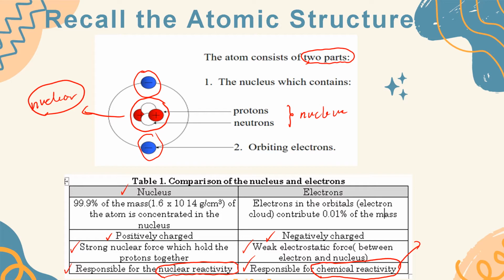Electrochemistry is all about converting chemical energy into electrical energy. In nuclear chemistry, we talk more about the nucleus. We have mentioned that the protons make up the identity of an element, di ba? Ito yung nagbibigay ng identity ng element. But what if we bombard this nucleus with a neutron or another proton?